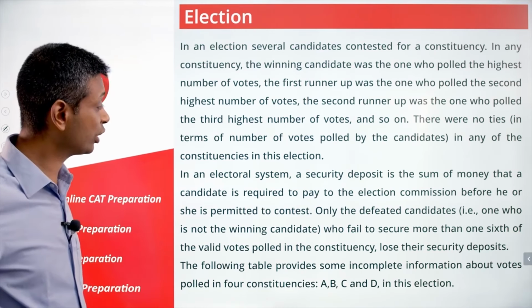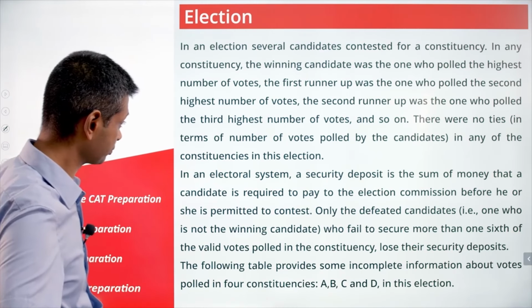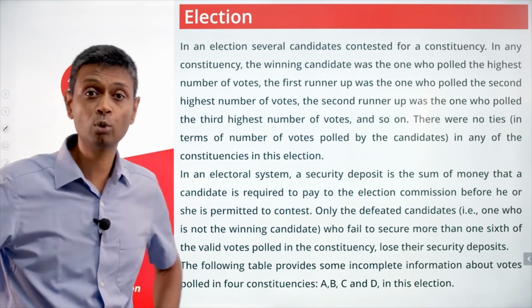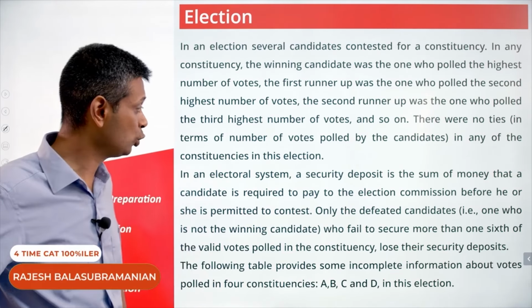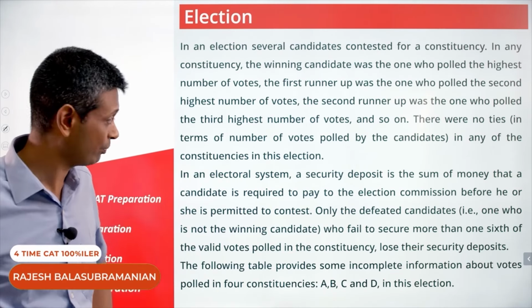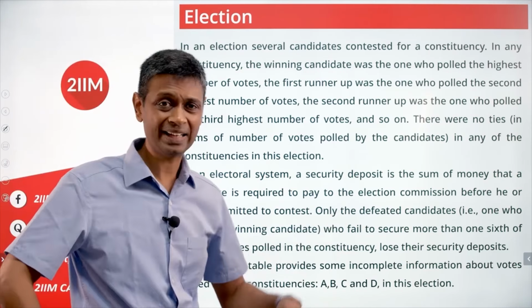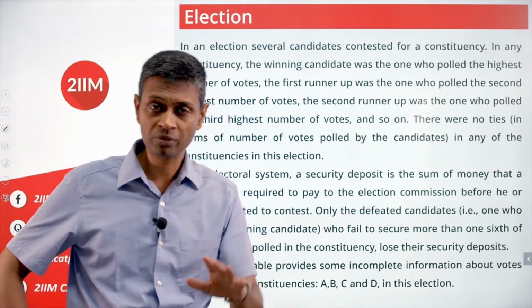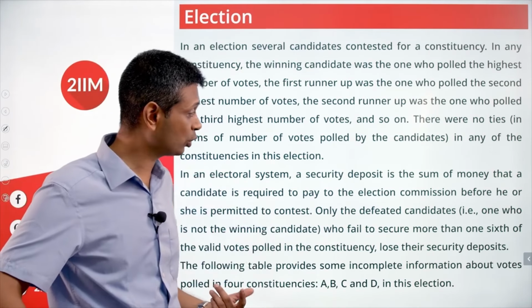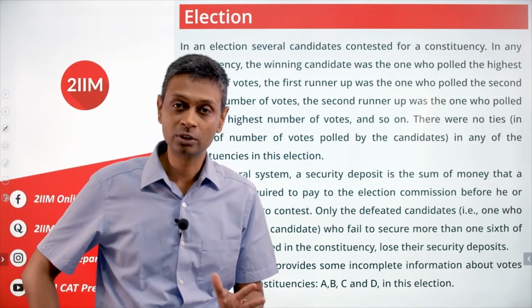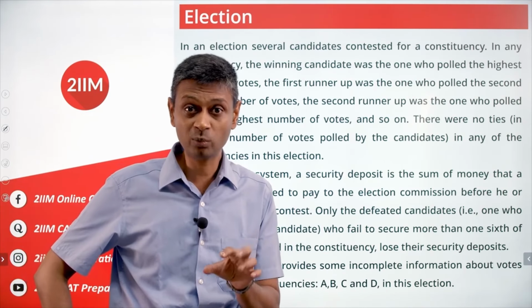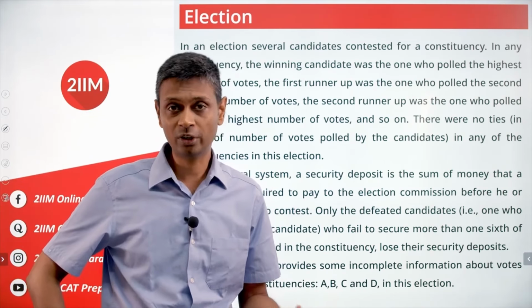If you fail to secure more than 1/6, then you lose your security deposit. But only the defeated candidates. You must lose and you must have failed to secure 1/6. So if you got less than 1/6, but you have won, then you get your deposit.